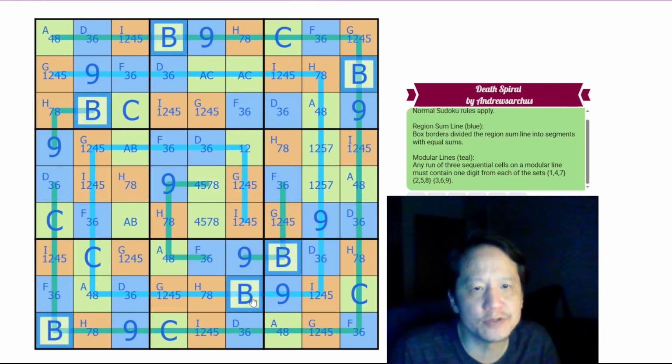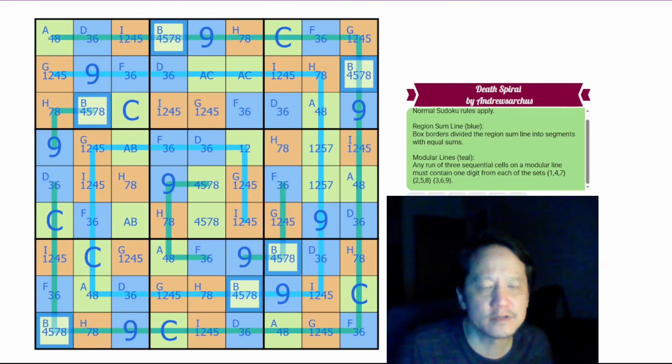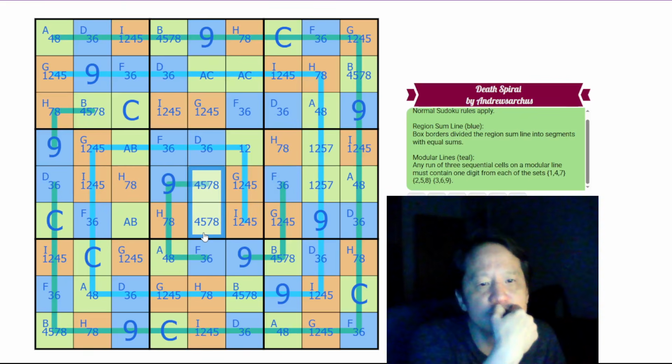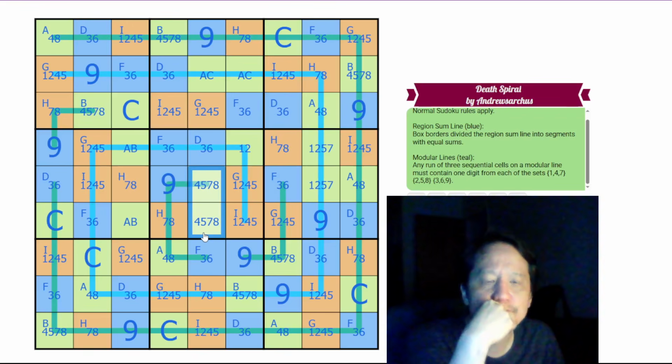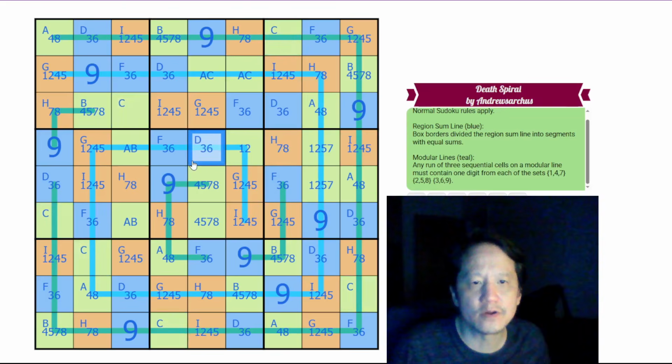B is always going to be 4, 5, 7, 8 as possibilities. So these are B. We have 4, 5, 7, 8 because it's one of these two. C are here.